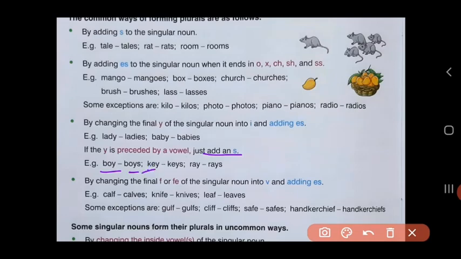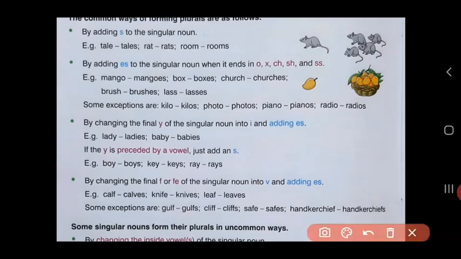Key, again it ends with Y, but before Y there is a vowel E. So I have to add S to key and make the plural keys. Ray, before Y there's A, which is a vowel. So add S to ray and make it rays.